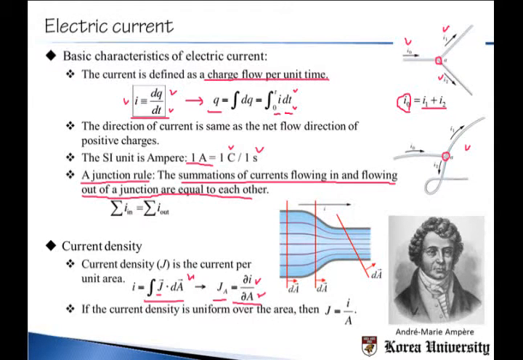Of course, in the simple case, most of the time we will deal with the case in which the current density is uniform over the area. For example, here along this area, the current density is constant. Then you don't really have to do the differentiation, and you only have to divide the current by the area. Then you will get this current density.